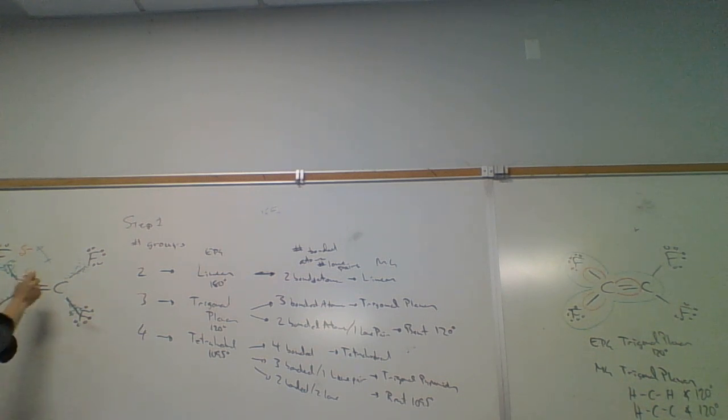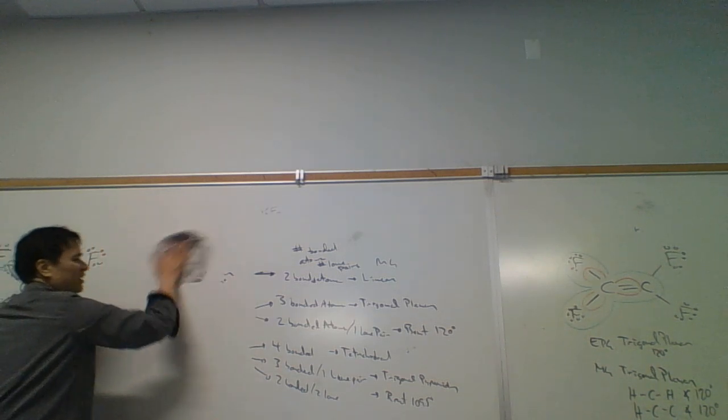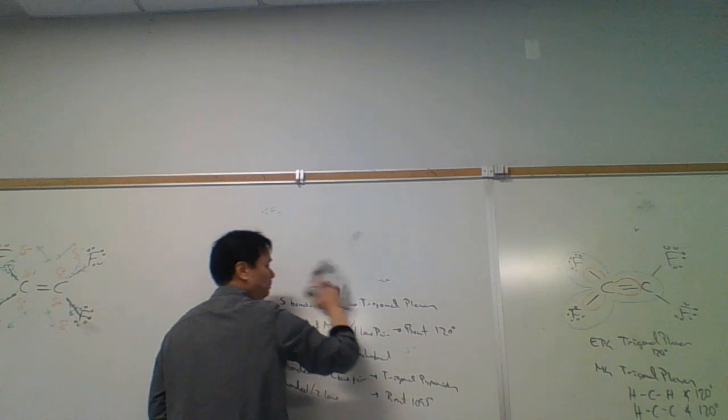Again, we represent this in different ways: delta plus, delta minus, delta plus, delta minus. Then we could use these vector arrows like this, showing the direction of polarization.